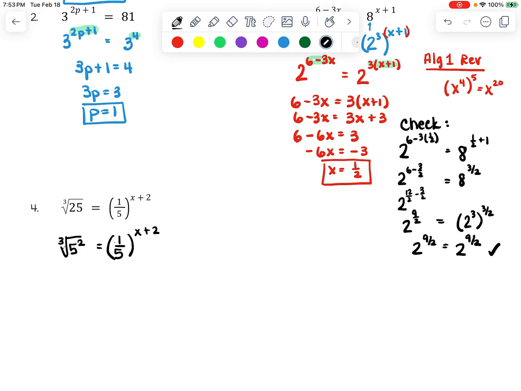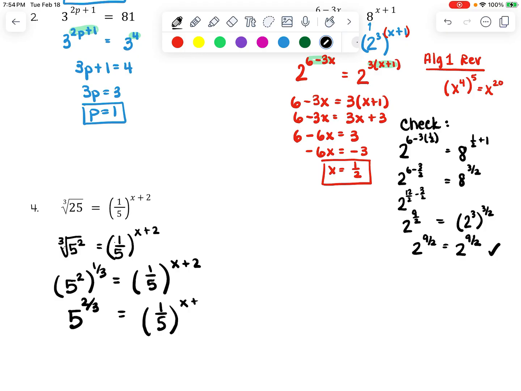And then if I have a root, that means I have 5 squared to the 1/3 power. So cube root and 1/3 power are the same. And then I have 1/5 to the x plus 2. Okay. So now I have 5 to the 2/3 is equal to 1/5 all raised to the x plus 2.